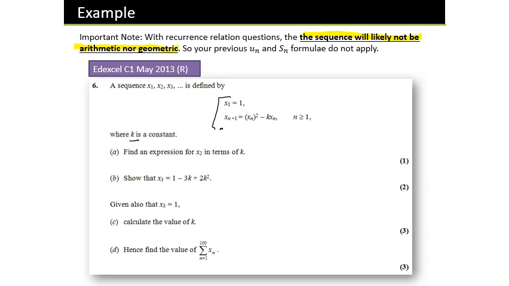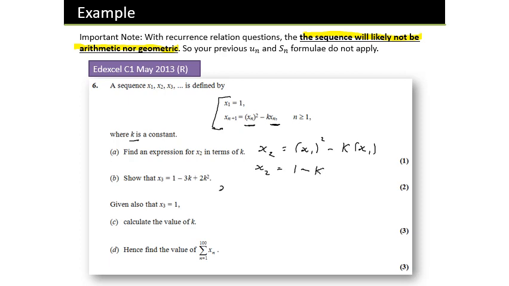In words it basically means the previous term squared minus k lots of the previous term. So to find x2, it would be x1 squared minus k lots of x1. And in this case, x1 is 1, so it's just 1 take away 1k, so 1 minus k.